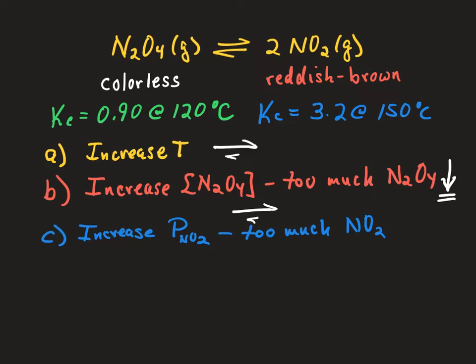The system will need to reduce that number. The only way it can reduce the amount of nitrogen dioxide is to shift toward the left. We would use up the extra nitrogen dioxide. The reaction would shift toward the left to make more dinitrogen tetroxide until the reaction reaches a new equilibrium position.